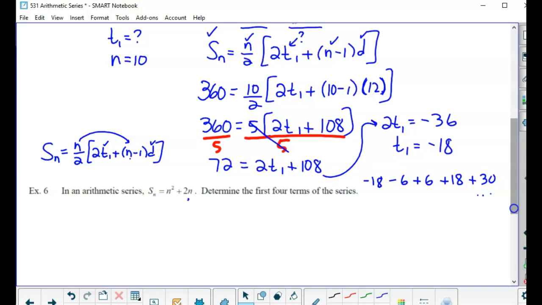So we want to find the first 4 terms of the series. Remember, S1 is equal to T1. So let's find S1. That'll be 1 squared plus 2 times 1, so that's 3.